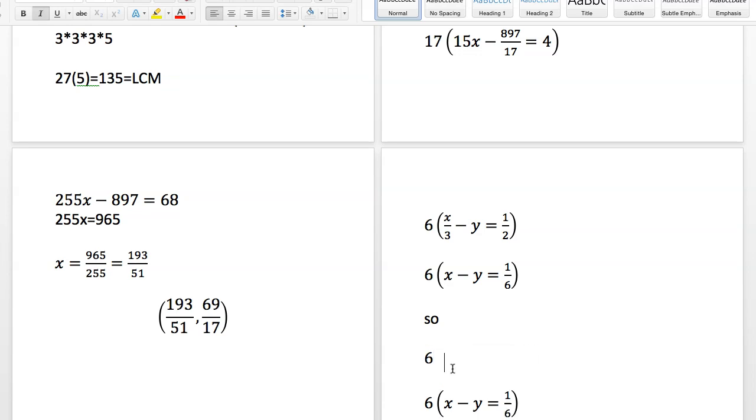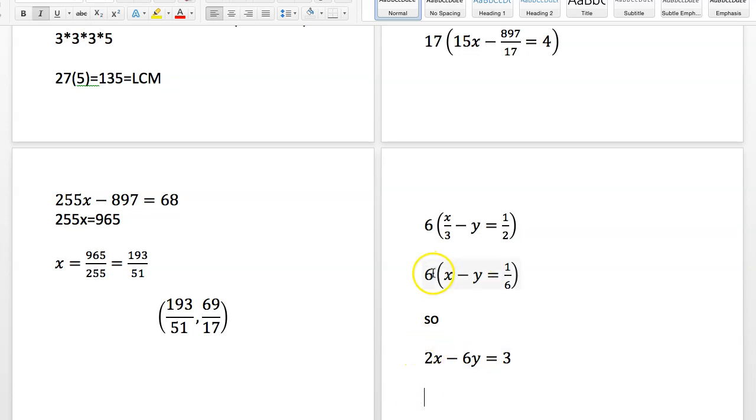Now, if I go ahead and distribute the 6 on through, 6 divided by this 3 is 2x, and then minus. Now, 6 times y, you got to do that wholesale. That's 6y equals, now 6 times a half, that's 6 divided by 2, that's 3.